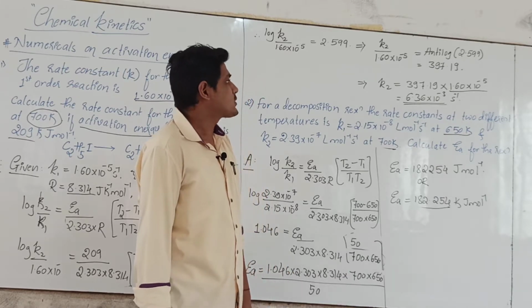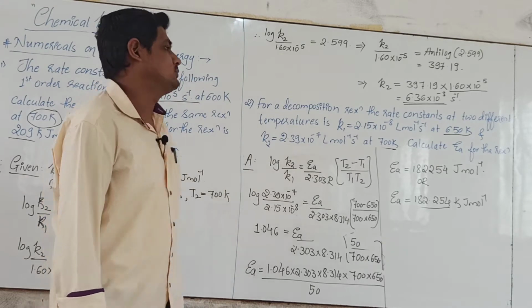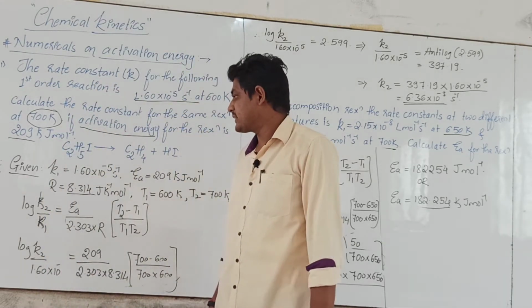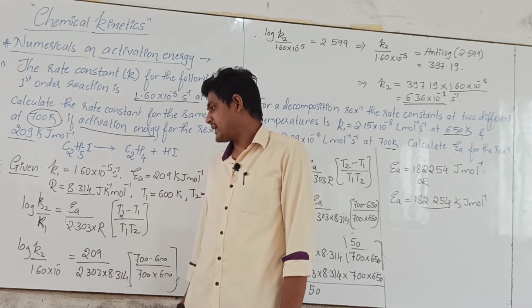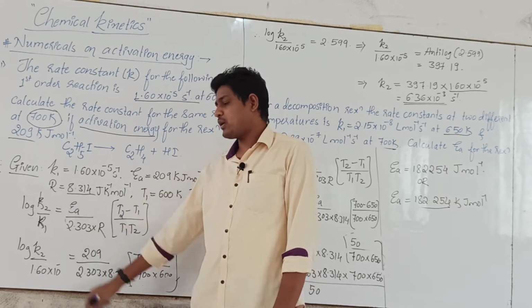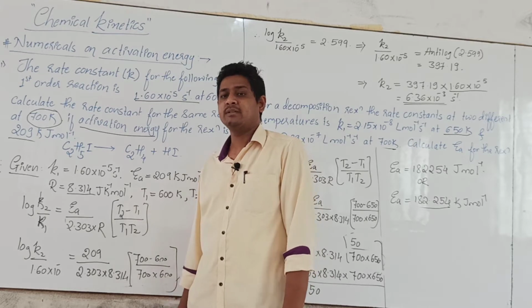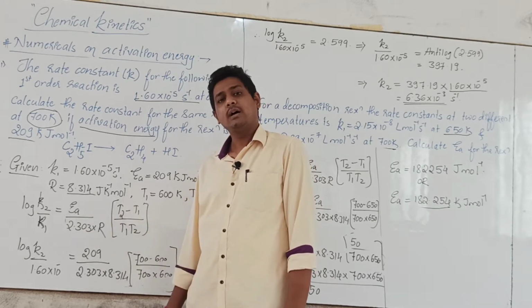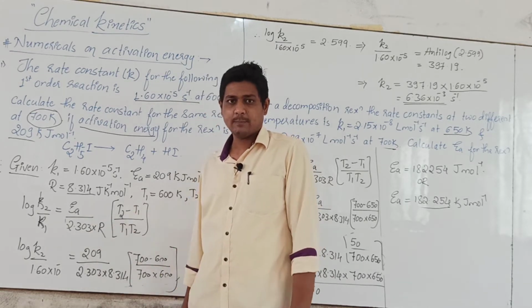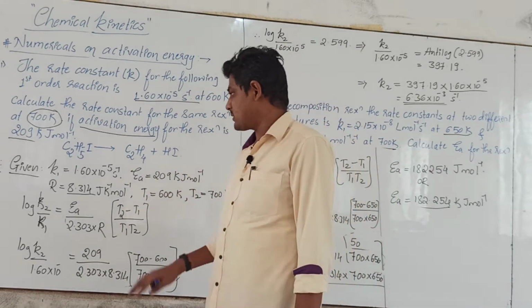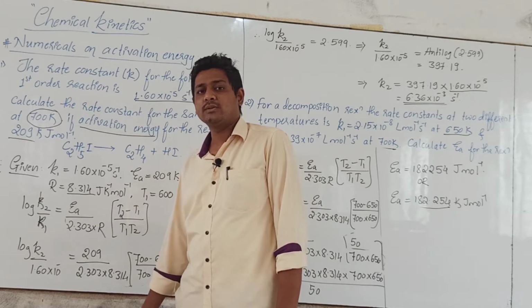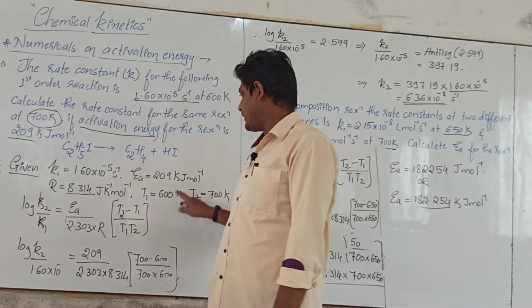Okay, so very simple. We know the formula to calculate the activation energy, which is the modified form of the Arrhenius equation, from which we can calculate the activation energy of a reaction at two different temperatures. Everything has been given except the rate constant at 700 Kelvin.